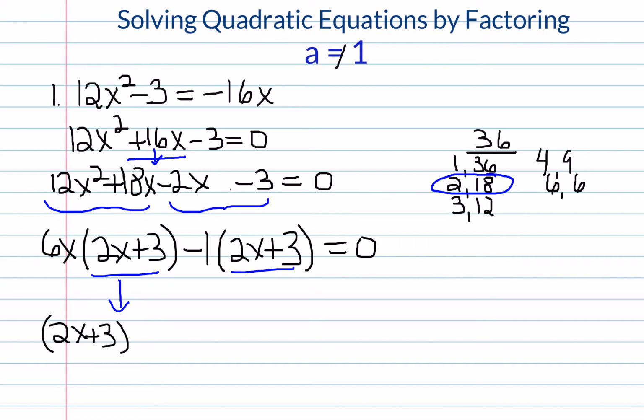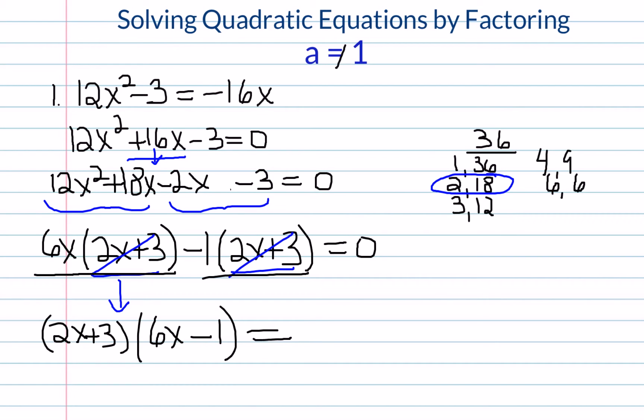And then if I divide both terms by 2x plus 3, it cancels out, leaving me with 6x on the left and a minus 1 on the right. So if I divide this side by 2x plus 3, I'll have 6x. If I divide this side by 2x plus 3, I've got the minus 1.